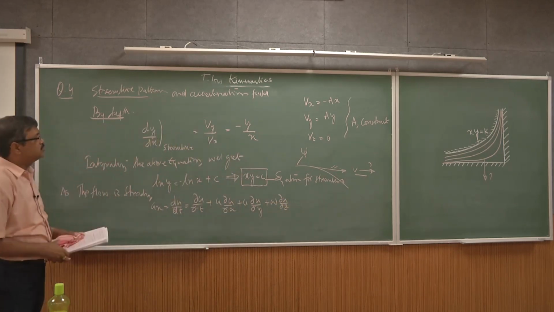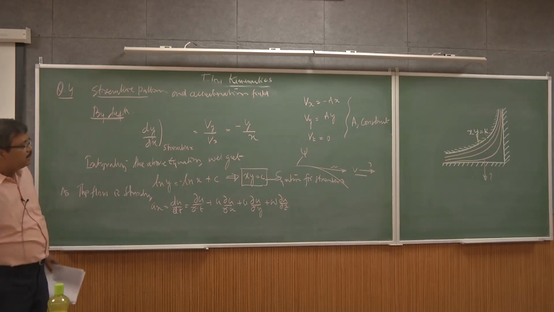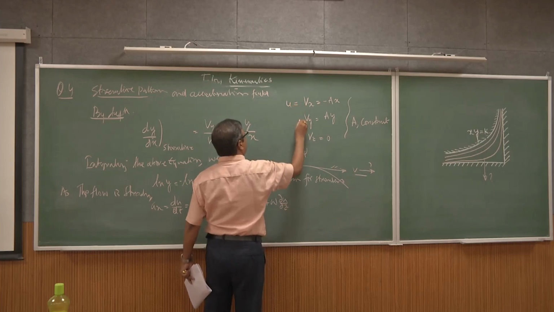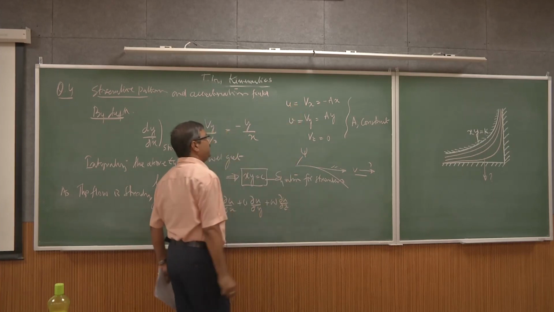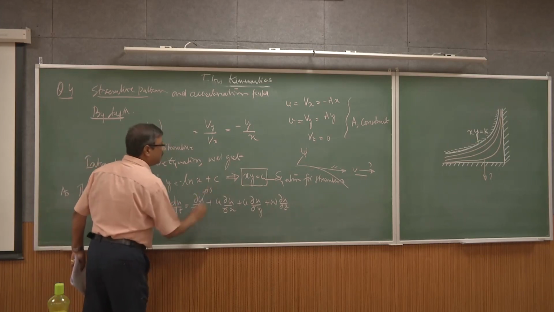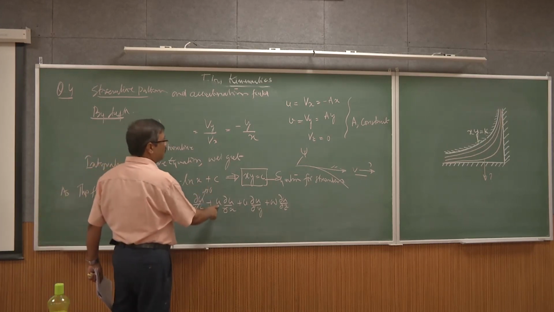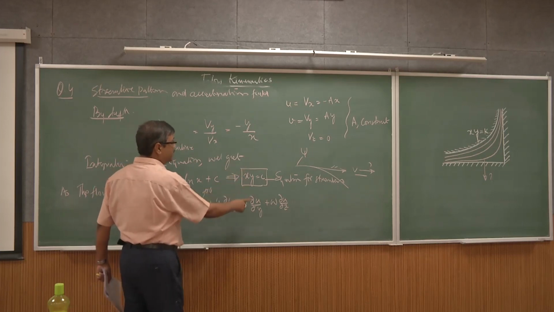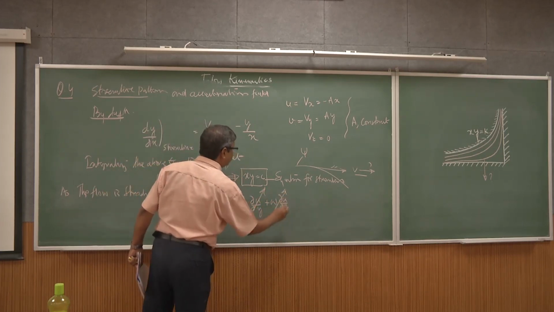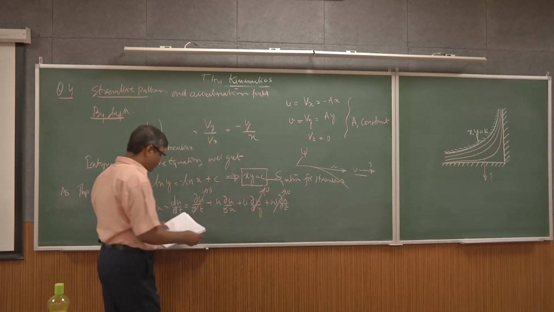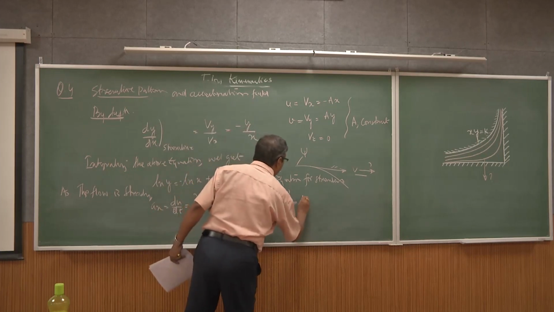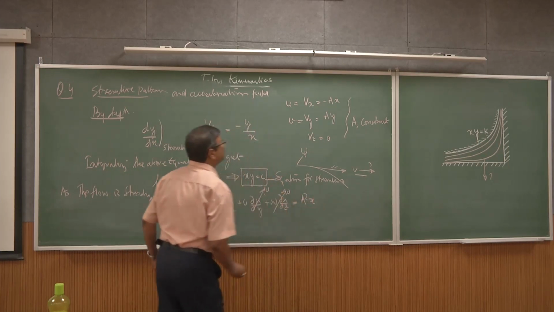If you substitute, these components become 0, and it doesn't have a function of y and z, so these components are 0. Substituting this value, we get a square x.